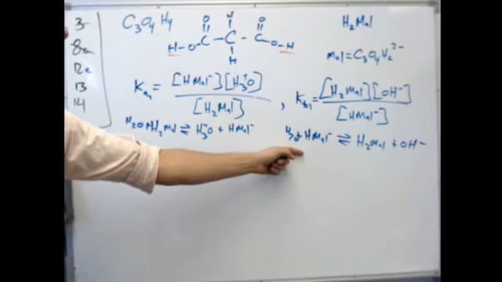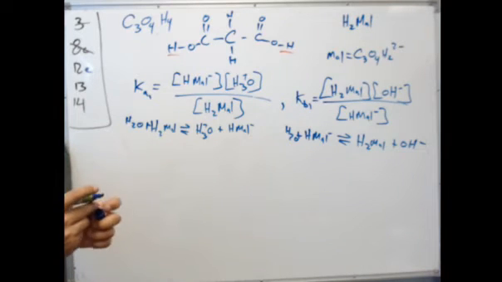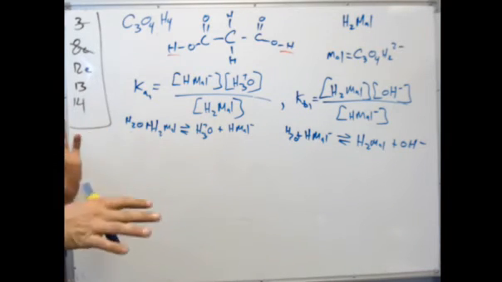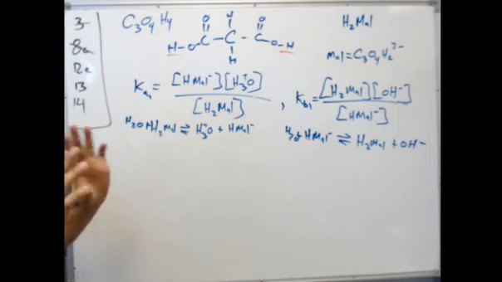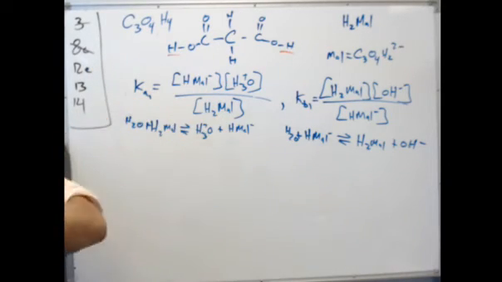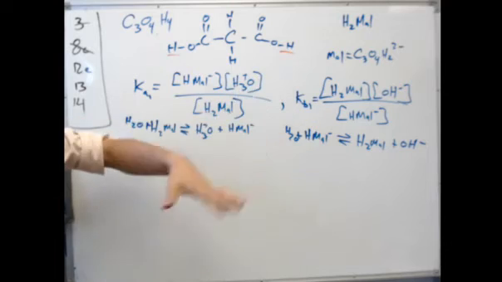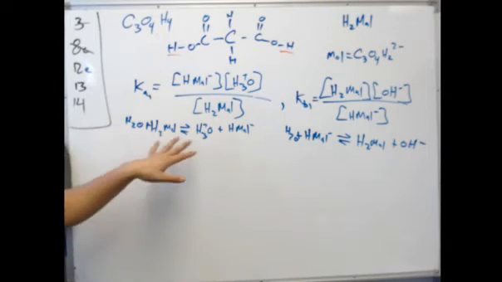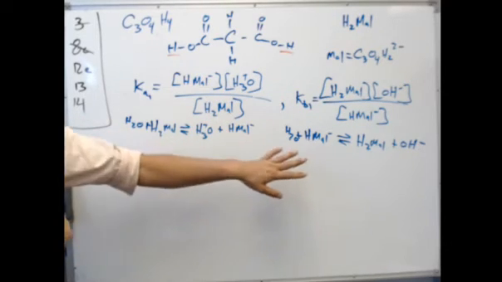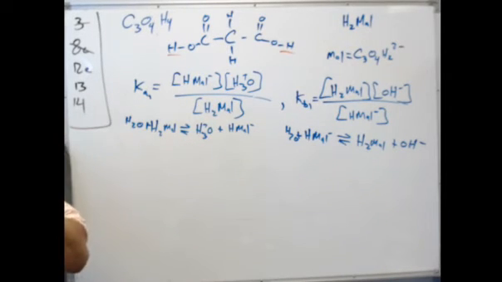In this case, I'm looking at how well Hmal minus accepts a proton from H2O. Almost opposite of each other, but not exactly opposite because we're also changing the behavior of water in those cases. We know there is an inverse relationship: the better this thing donates a proton, the worse this thing accepts a proton, adjusted by water. Okay.